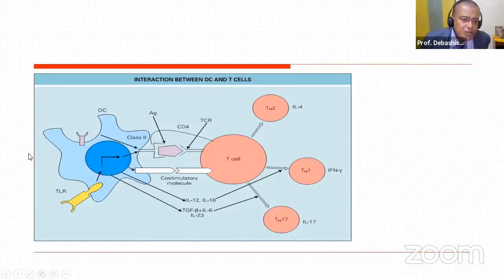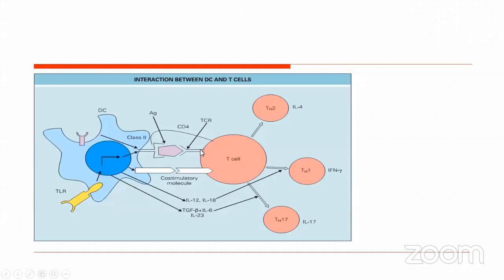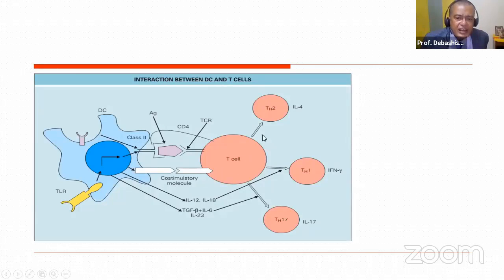So if you see here again how the external antigen through class 2 MHC is presented by the dendritic cells to T cell receptors on the T cell, and depending on the various types of stimulus, it can become either Th2 producing IL4, or it can become Th1 producing IFN gamma, and that needs IL12 and IL18 as I mentioned in one of the preceding pictures, or under the influence of TGF beta, IL6 or IL23, the resting helper T cell can go to the Th17 pathway.